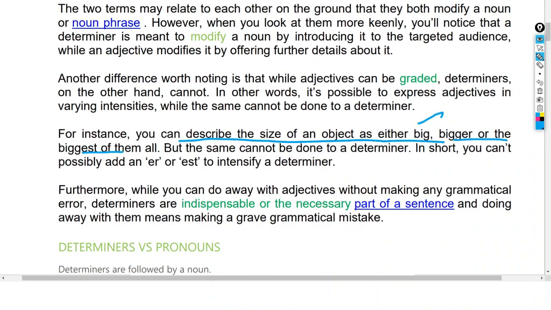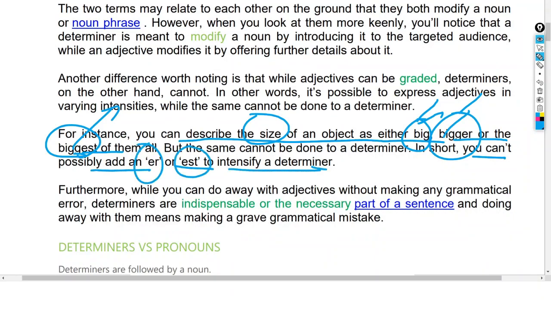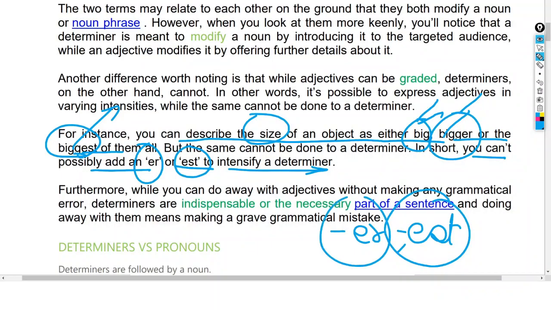Means you are talking about the size of the thing: positive degree big, comparative degree bigger, and superlative degree biggest. But the same cannot be done to determiners. In short, you cannot possibly add er or est to intensify the determiner. So by using this er or est, you cannot give more degree to the determiners. So this is the lacking point.